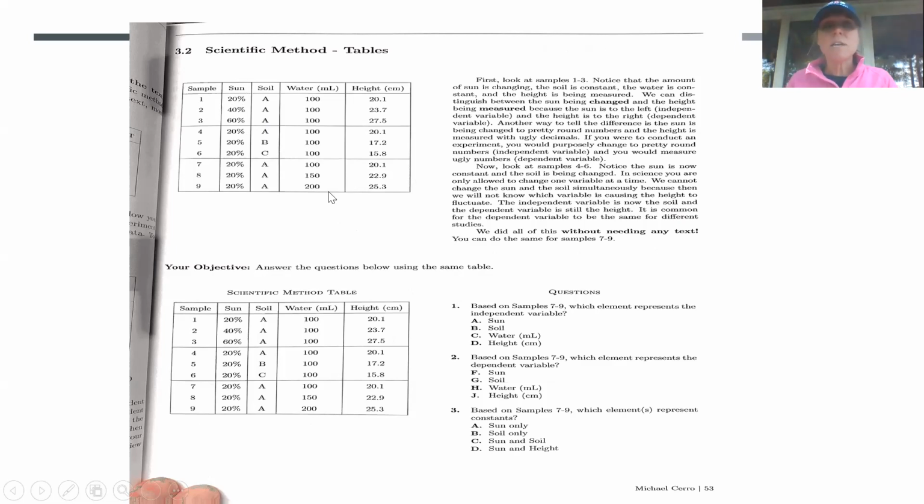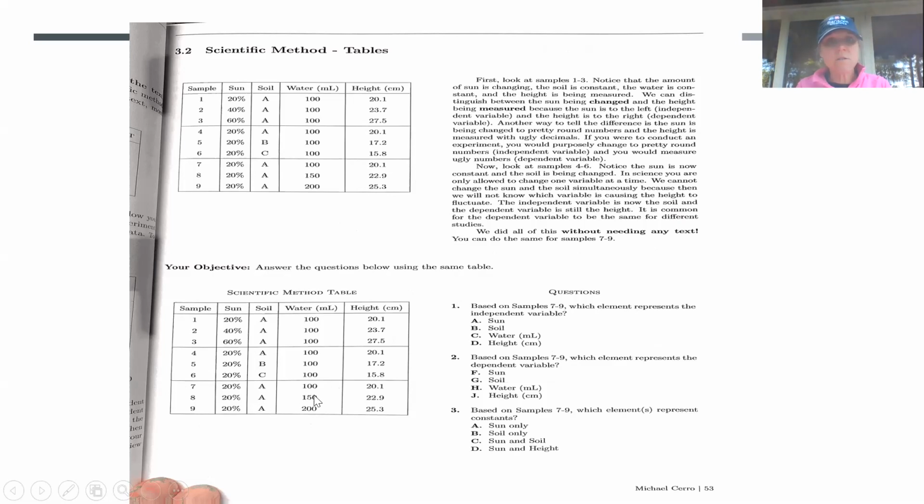Okay, so here's what I want you to do. Look at this table and then try to answer the questions below. So let's work number 1 together. It says, based on samples 7 through 9, which element represents the independent variable? So everybody look. Is it sun? Nope, because it's all the same, so that's a constant. Is it soil? Nope, because they're all the same.